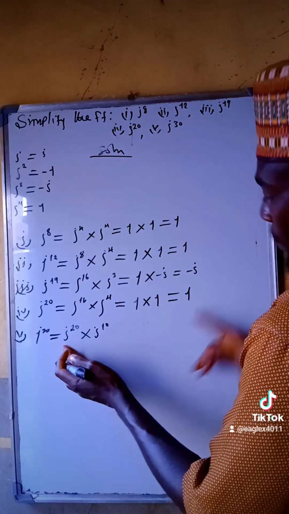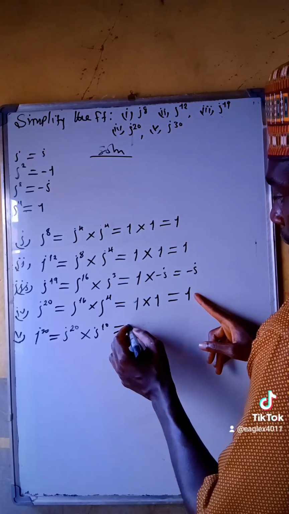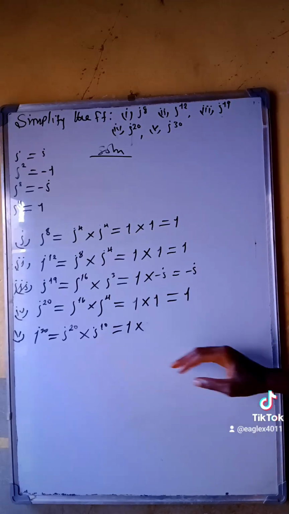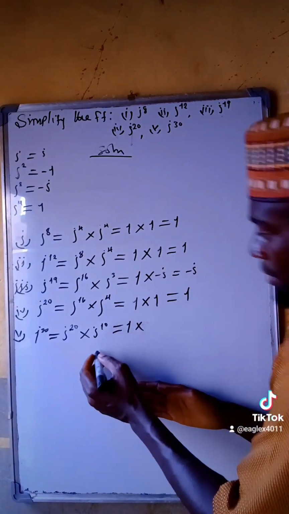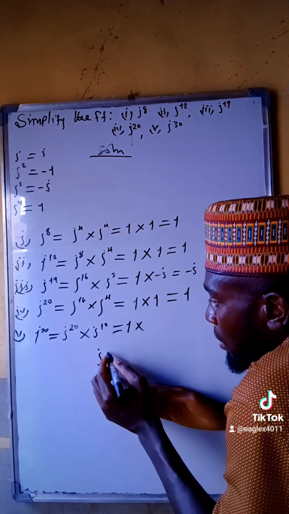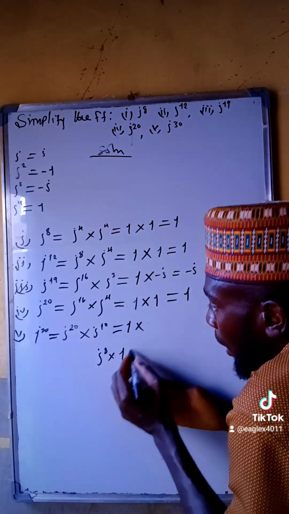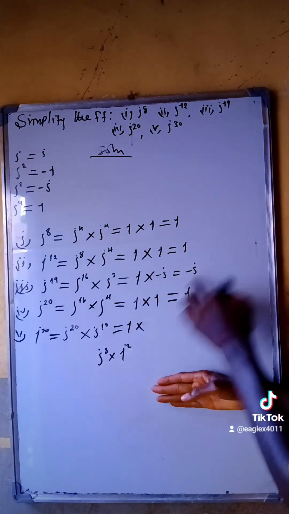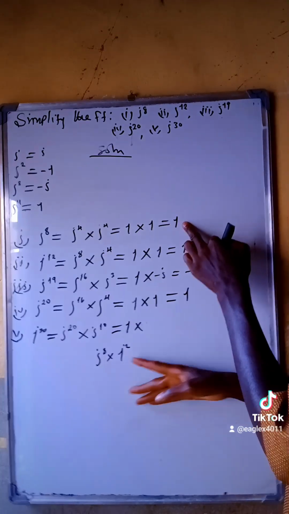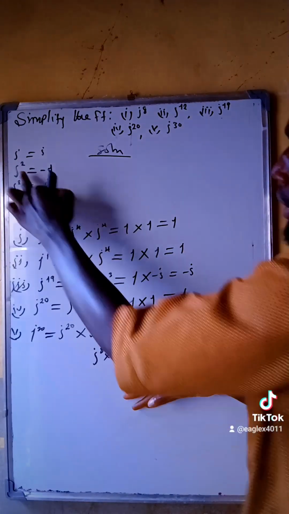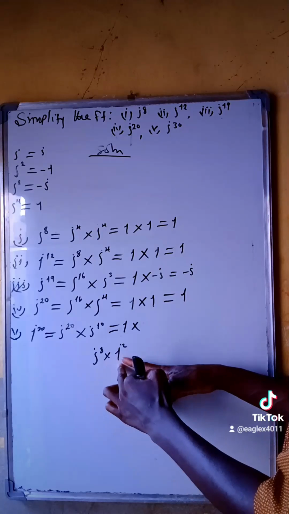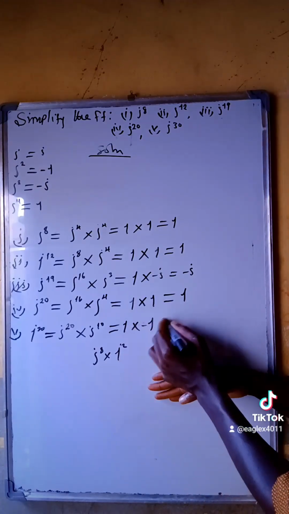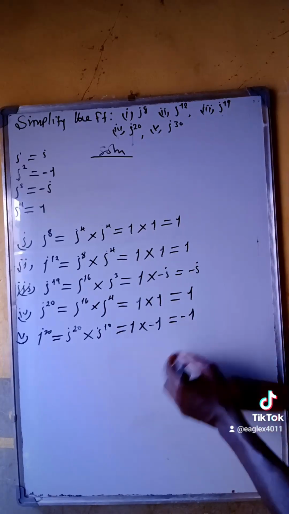And i raised to the power of 20, we can see here, is 1. Then I can write this as 1 multiplied by i raised to the power of 10. i raised to the power of 10 is the same thing as i raised to the power of 8 multiplied by i raised to the power of 2. And i raised to the power of 8 is equal to 1. Then i squared is equal to minus 1. Then 1 times minus 1 will give you minus 1.